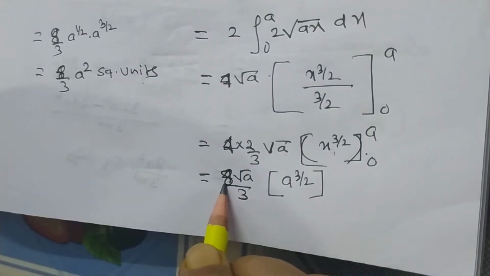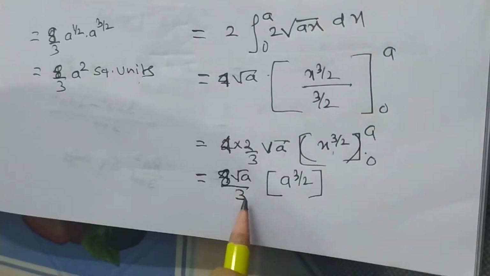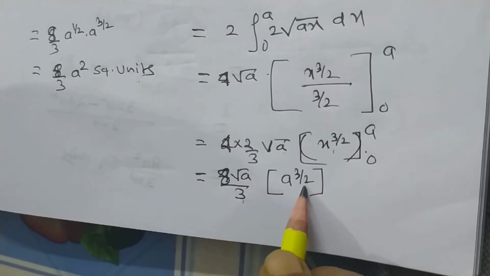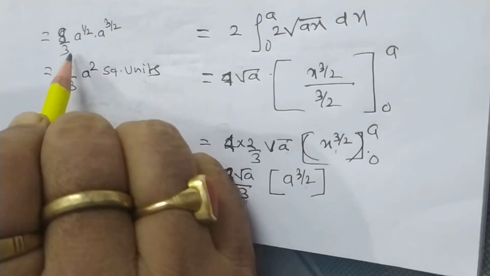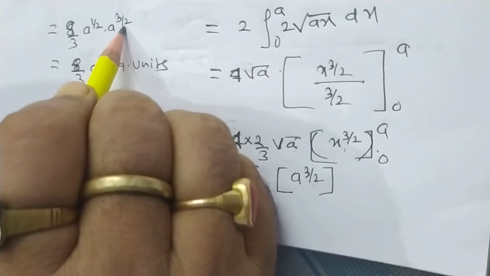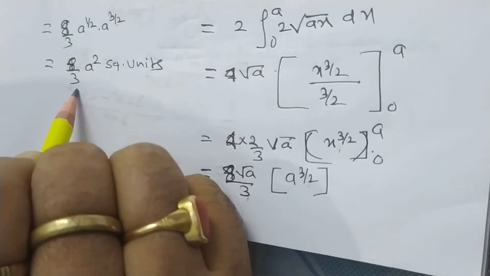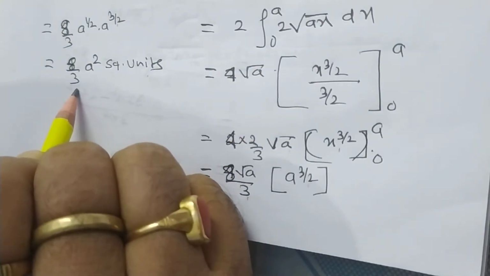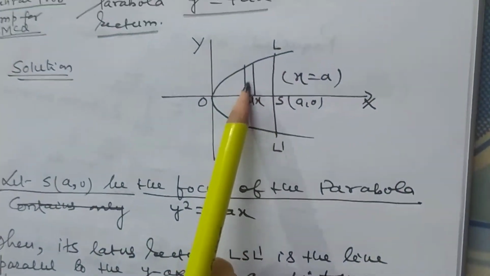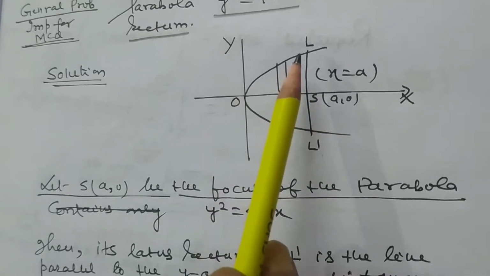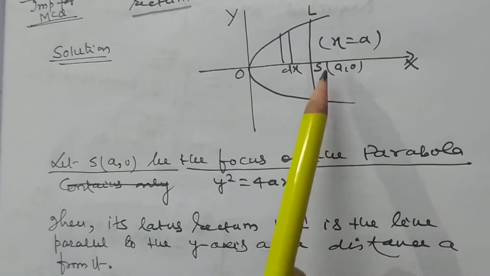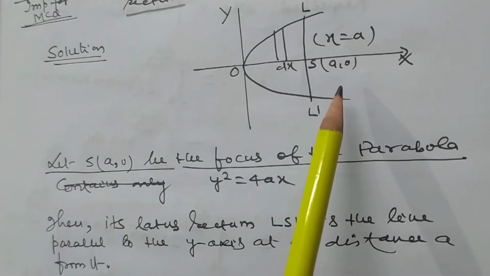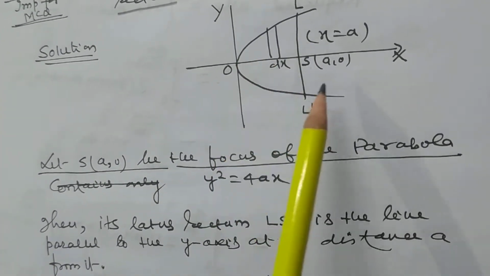That is 8 root a by 3 a to the power 3 by 2. So it is 8 by 3 a times a to the power 3 by 2... that is 8 by 3 a square units will be the area of this bounded region, which is bounded by the latus rectum and the vertex of the parabola.